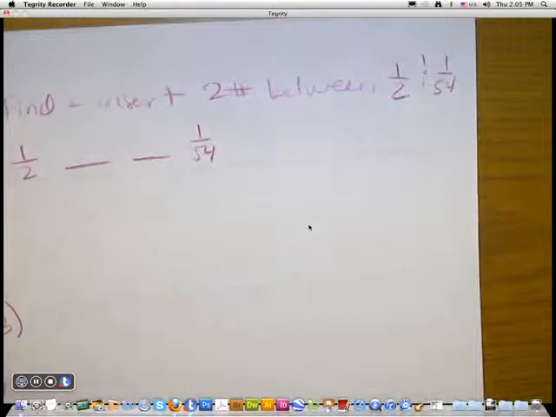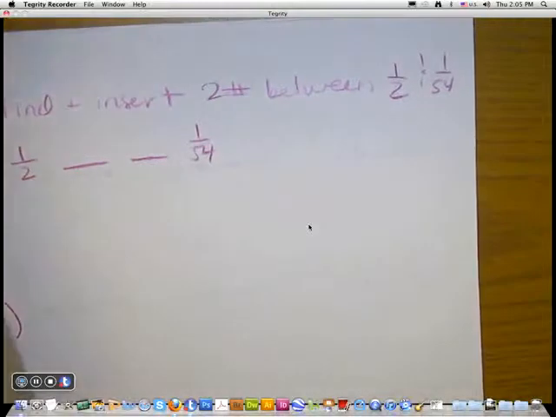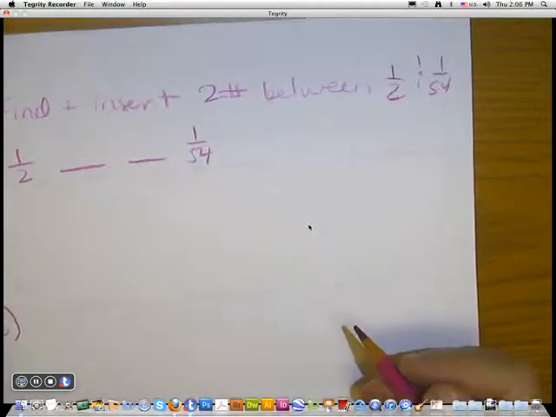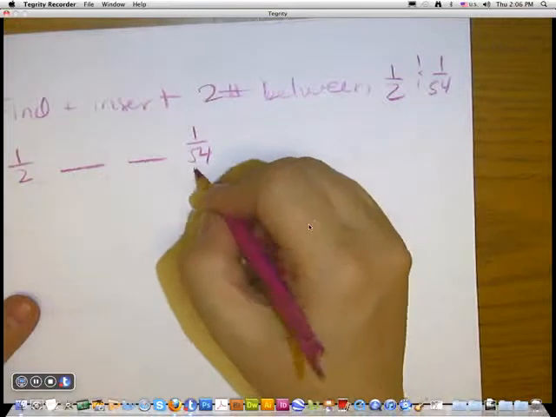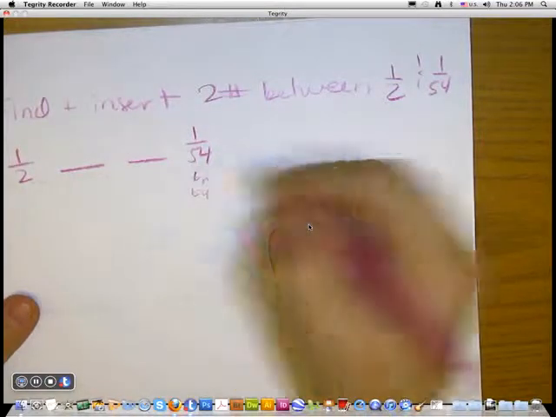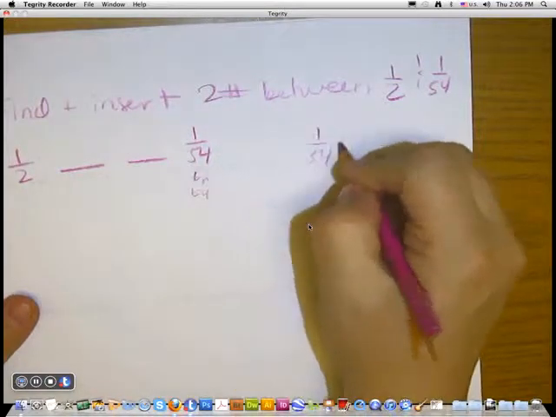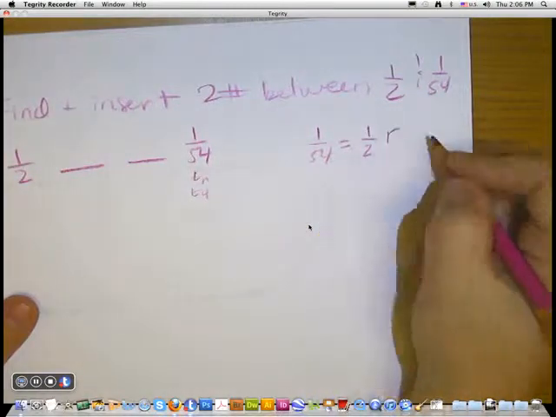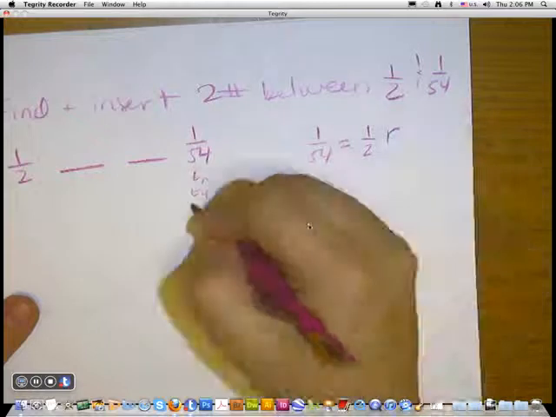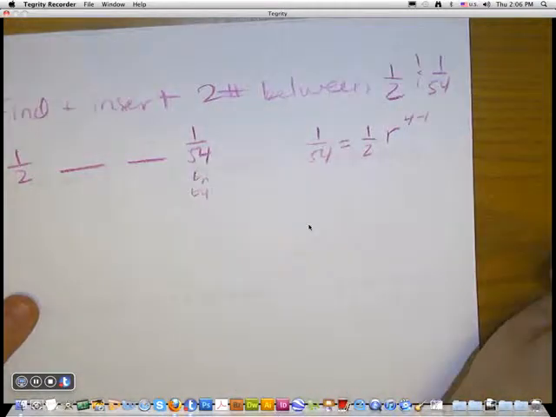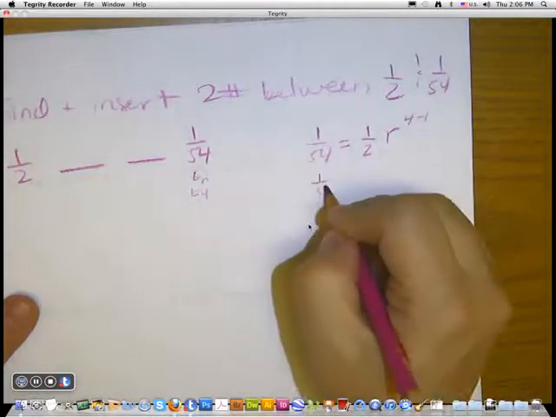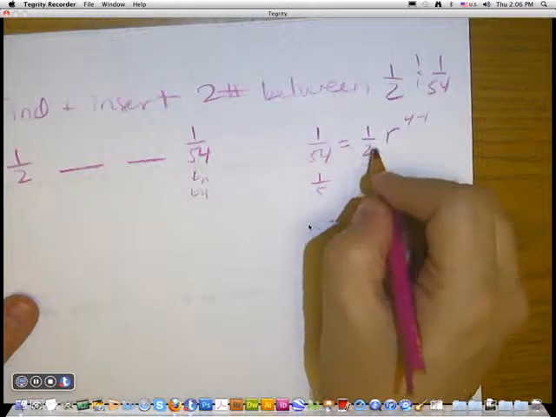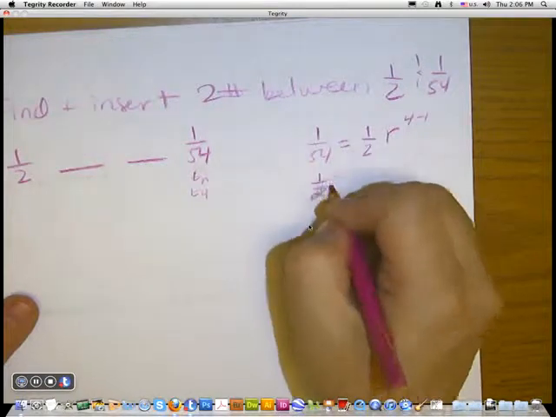So just like yesterday when we did arithmetic, we have to use the equation. We're going to do the same with geometric. We know the last term, t sub n, which happens to be t4. We know the first term. The ratio is what we're trying to find, but we know the 1/54 is the fourth term, so 4 minus 1. So I'm going to multiply by 2, so 2 times 1/54 is 1/27.